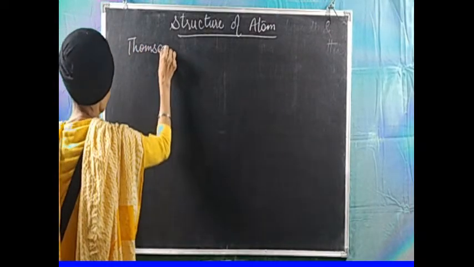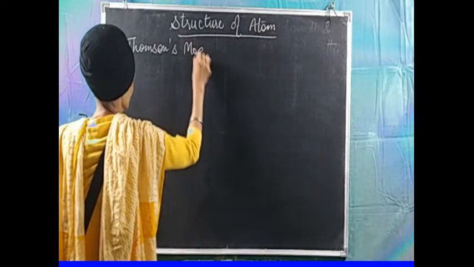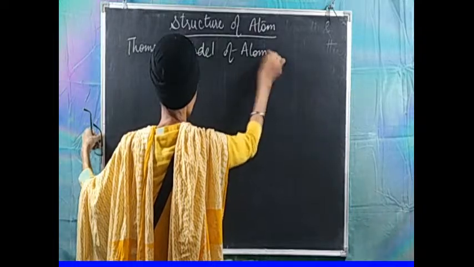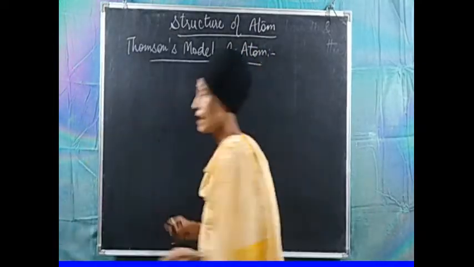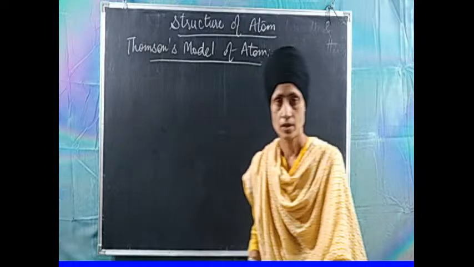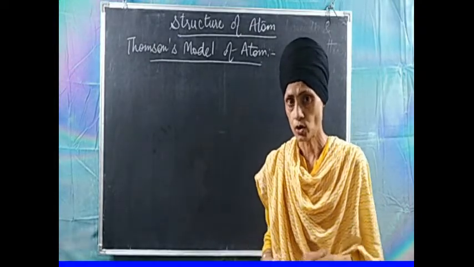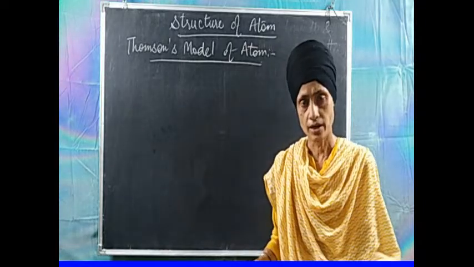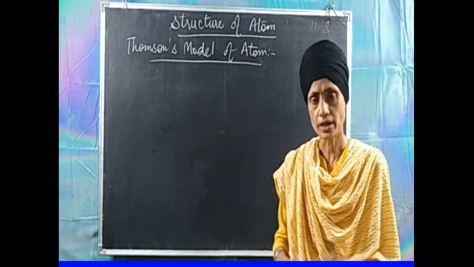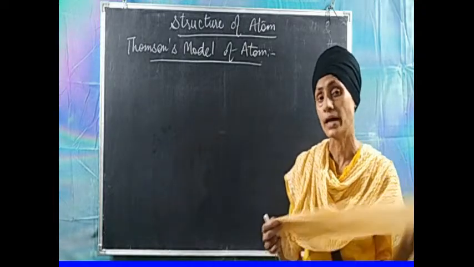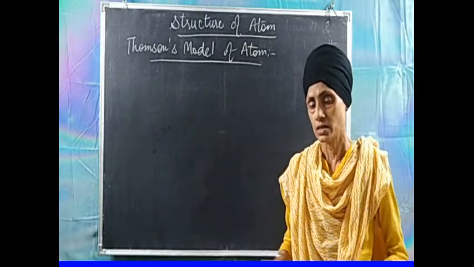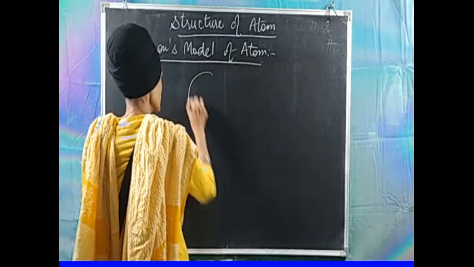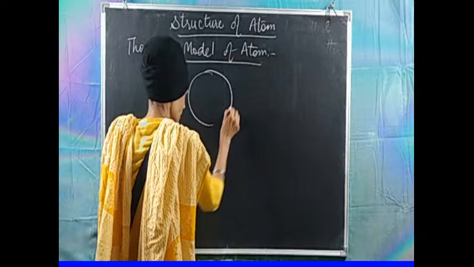According to J.J. Thomson, he considered the atom to be a solid sphere in which electrons are embedded here and there haphazardly, not at any regular place, but here and there. The electrons, that is the negatively charged particles, are spread haphazardly. So according to Thomson, the atom is just like a solid sphere.